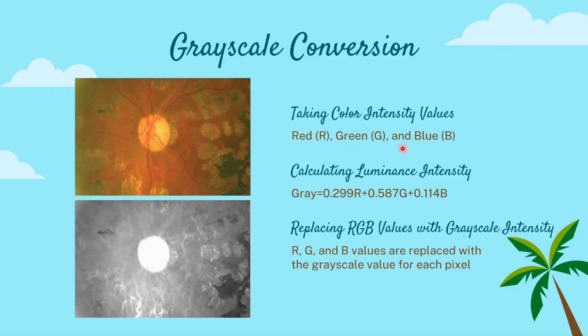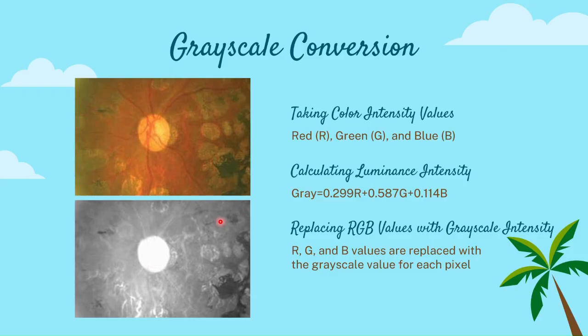To convert the image into grayscale, the luminance intensity is calculated using the formula: gray equals 0.299R plus 0.587G plus 0.114B. After calculating the grayscale intensity, the values of R, G, and B are replaced with the grayscale value for each pixel. The result is an image that only contains varying shades of gray without any color.